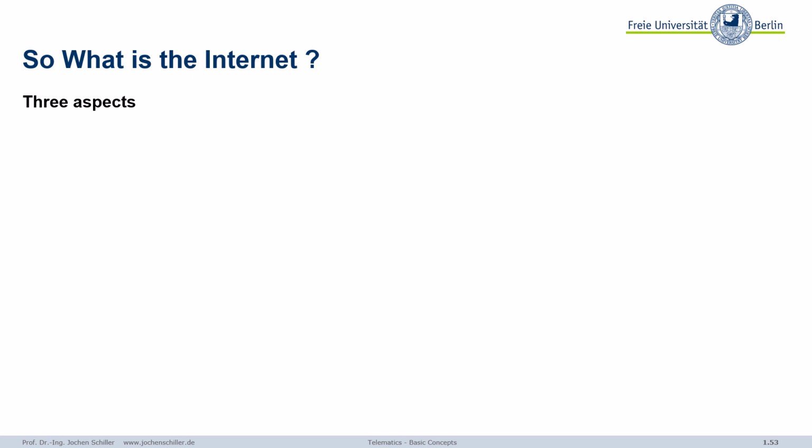So the internet is needed to transfer a bit from A to B around the globe. So that's one of the aspects. So basically, like a post office responsible for transferring a letter from A to B. Okay, that's one aspect.